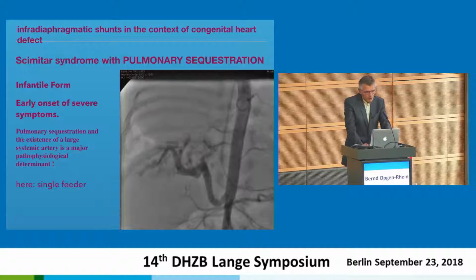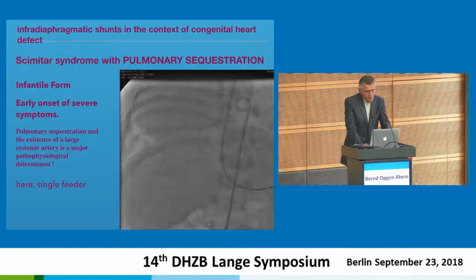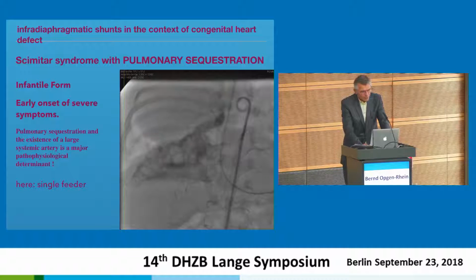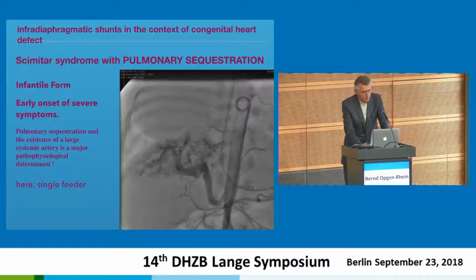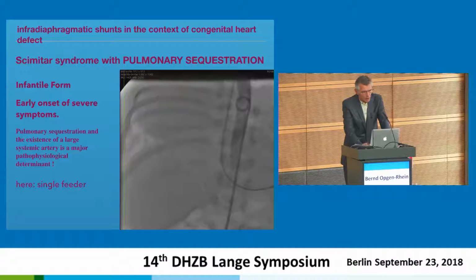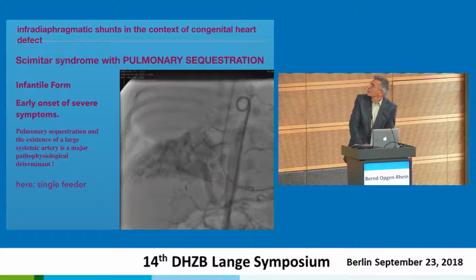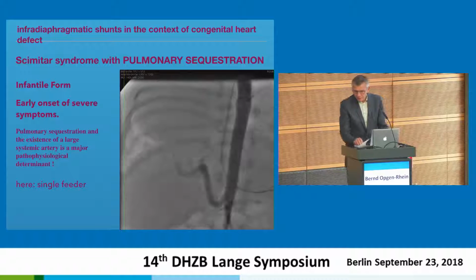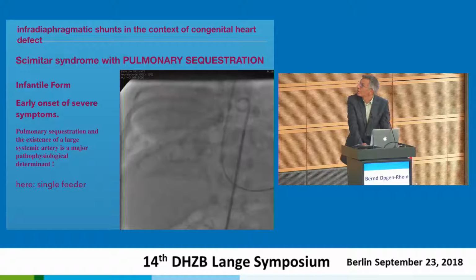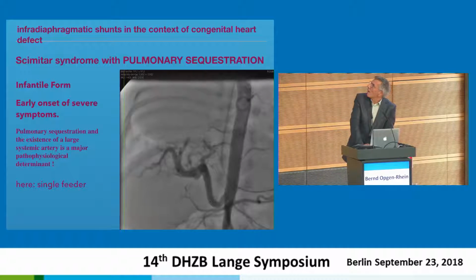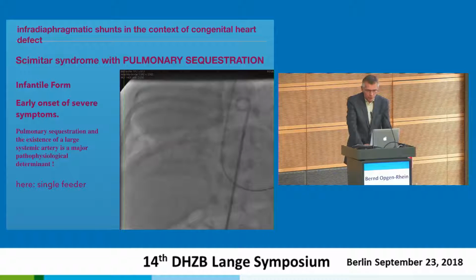We call it the infantile form, and it's defined by early onset of severe symptoms. The reason for the symptoms is usually large pulmonary sequestrations with large systemic arteries from the infradiaphragmatic area. Here we see a single feeding artery with a huge sequester and the blood flow through the sequester into the Scimitar vein and the right atrium.